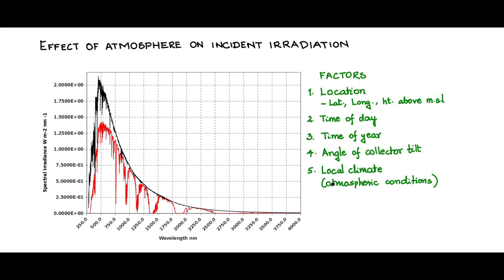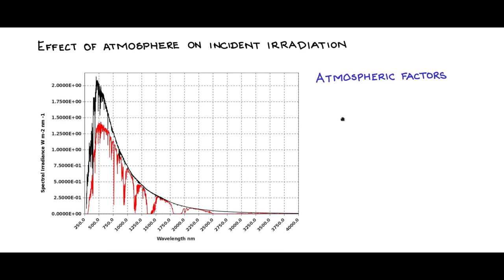There is a lot of statistical behavior involved in this. However, there is a repeating cycle that happens year after year on any given day, and that is what we want to use to estimate the effect of the local climate on the attenuation of the spectral irradiance before it reaches the surface of the earth, or the flat plate collector mounted at the surface of the earth in a given locality.